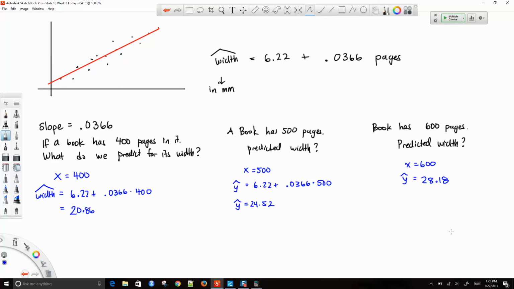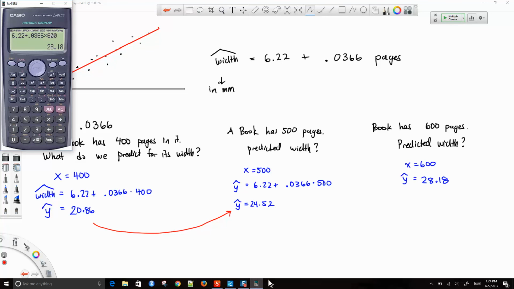Okay, so here's another question. How much did y hat change between 500 and 400? I can do 24.52 minus 20.86, and I see that y hat changed by an additional 3.66.